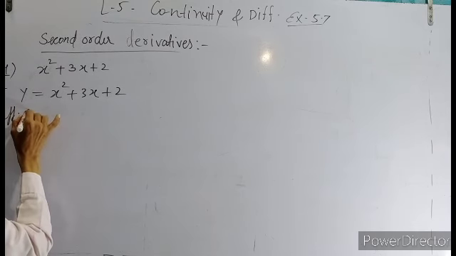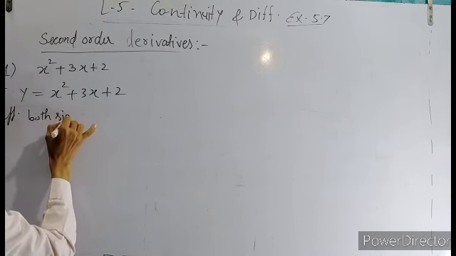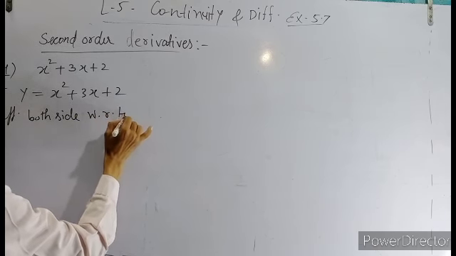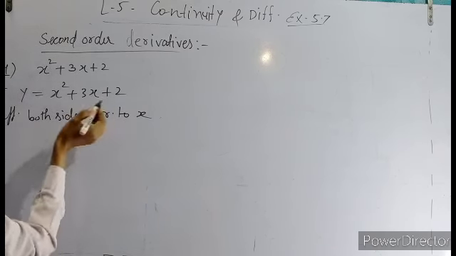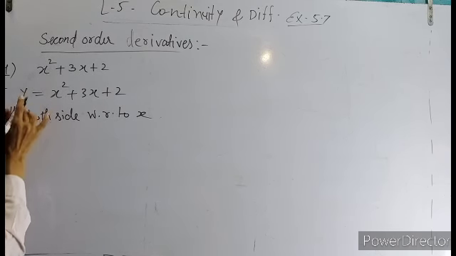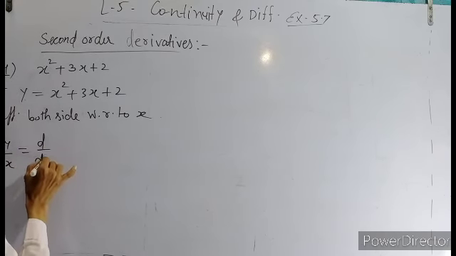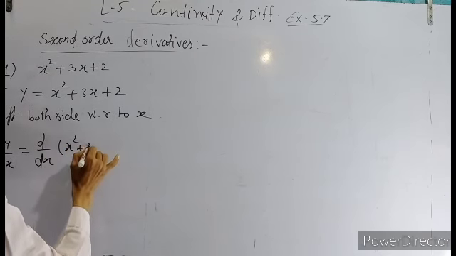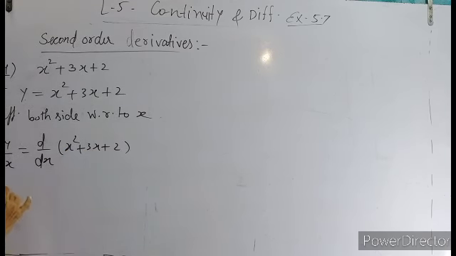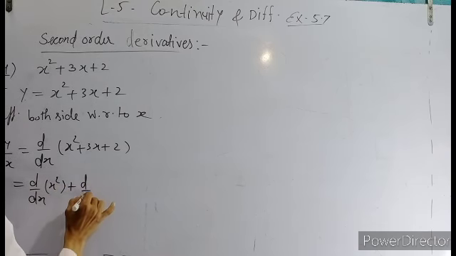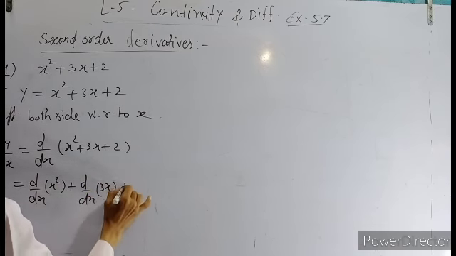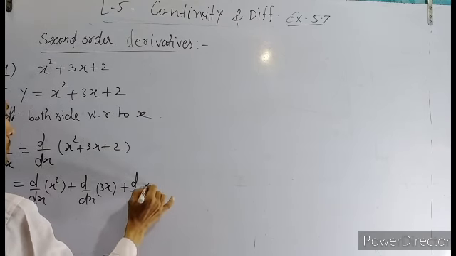Differentiate both sides with respect to x. dy by dx equals d/dx of the whole function x square plus 3x plus 2, and now we can distribute this: d/dx of x square plus d/dx of 3x plus d/dx of 2.